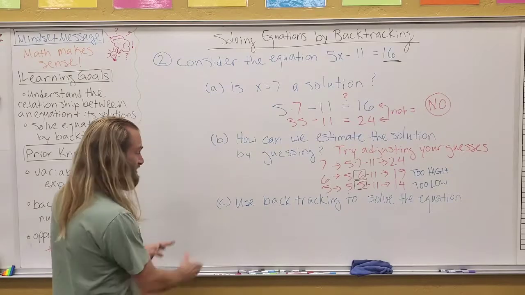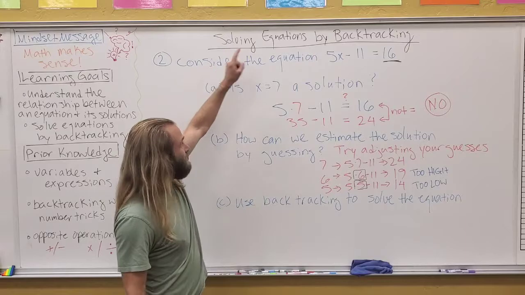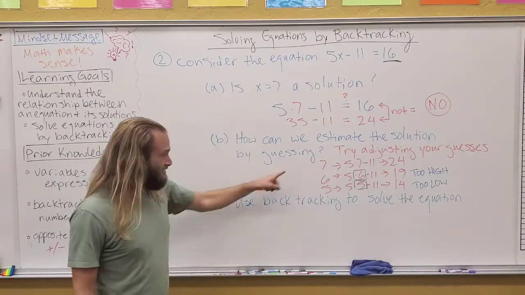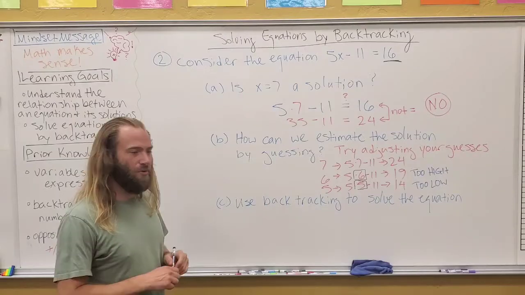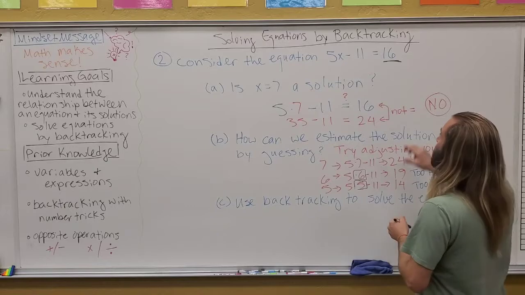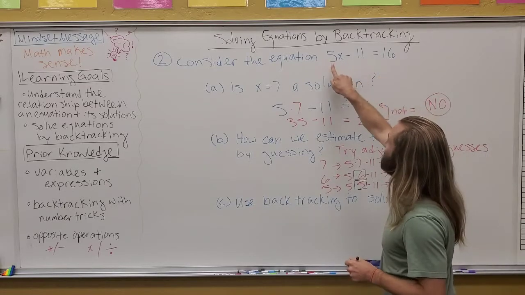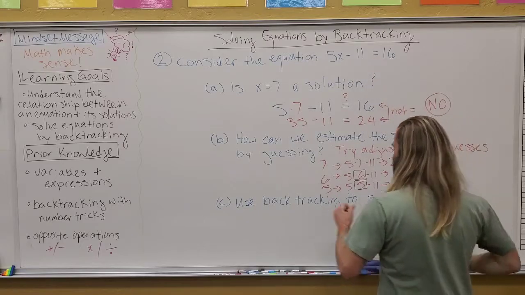But lucky for us, backtracking can actually find the exact solution, this method that we're focusing on today, to this equation. So I'm going to think about it like we did before with the little machines, or thinking of it like a number trick and reversing. So if we see these steps, I choose a number, multiply by 5, subtract 11, and I get 16, right?